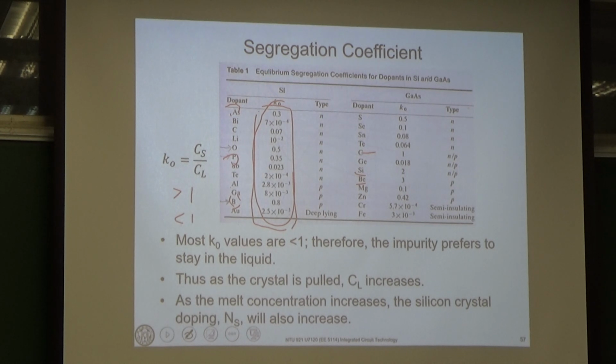They are more similar. So when you do either CZ or FZ, you can get a more uniform doping profile. Because remember that your dopant profile is the same as what you just melted and froze back to the solid.